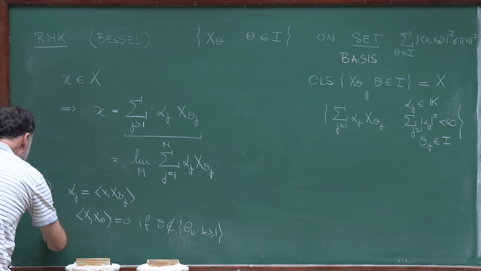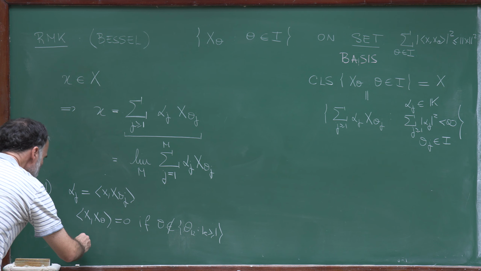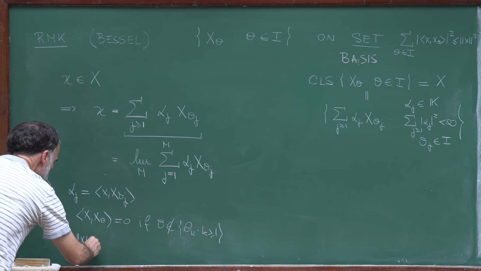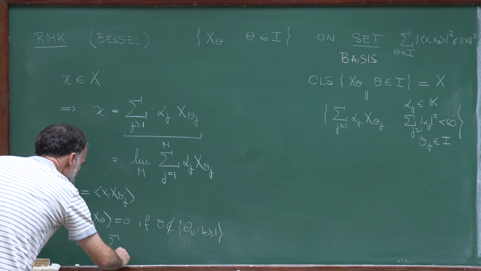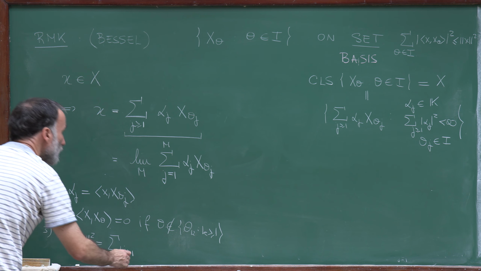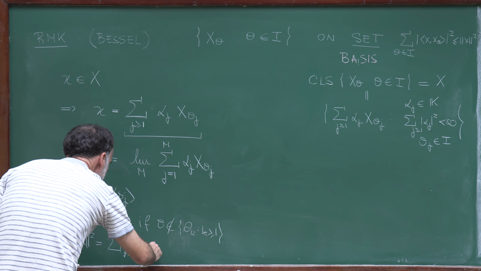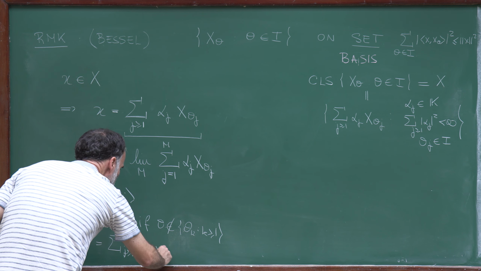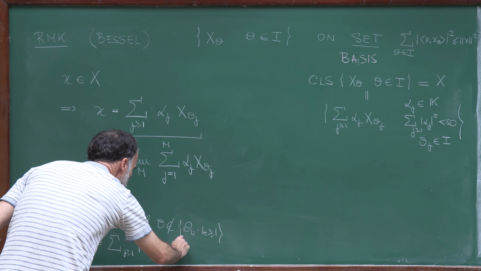And finally, what I claim is that the norm of x squared is equal to the sum for j larger than 1 of the absolute value of alpha_j squared, but alpha_j is the scalar product of x and x_theta_j, squared.